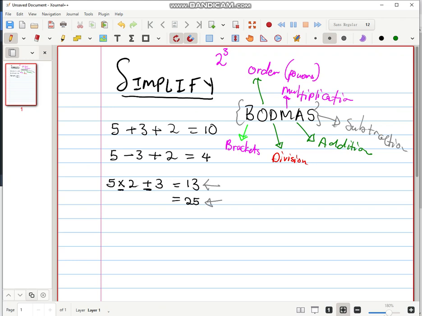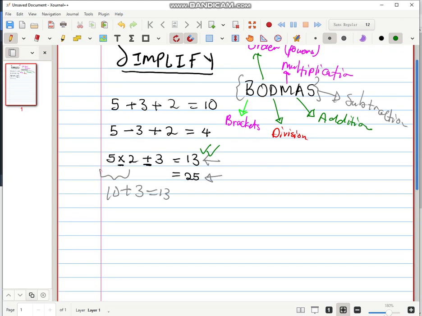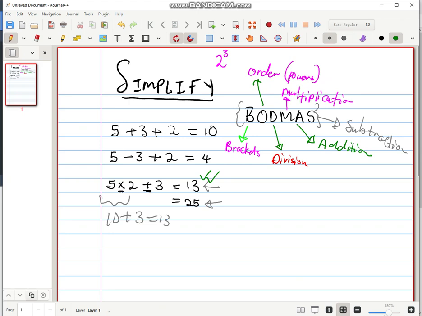Multiplication comes before addition, so we multiply 5 by 2, and we get 10, and then whatever we get, we add it with the remaining, which is 3, then we get 13. So that means our correct answer is 13. We have simplified 5 times 2 plus 3 and written it in the simpler version, which is 13.